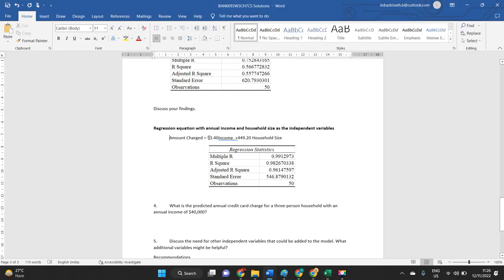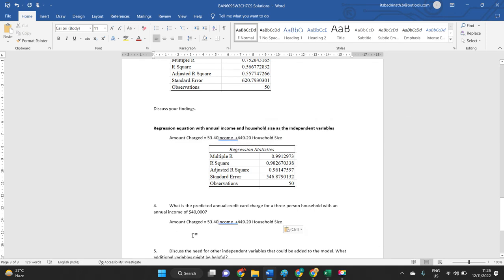You just take this equation and substitute values. It's not 40,000, we are supposed to take 40k because values are always in thousands.